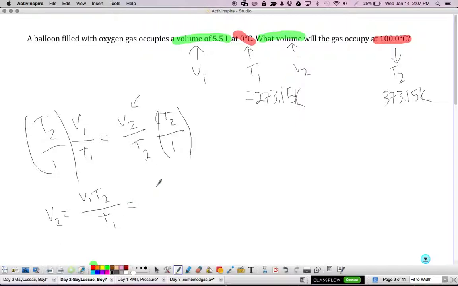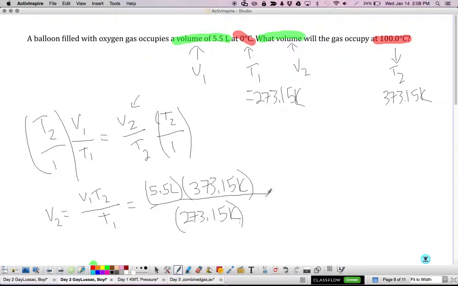So that equals 5.5 liters times 373.15 Kelvin, T2 up here, divided by 273.15 Kelvin, equals 7.5 liters.